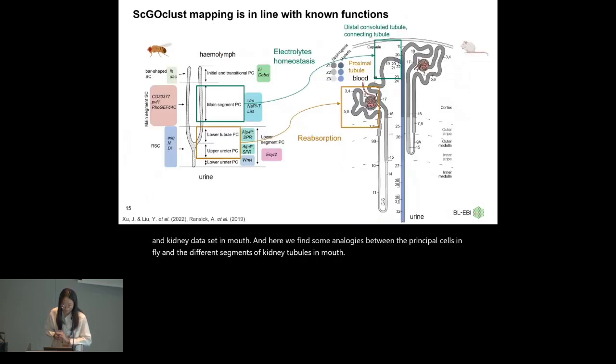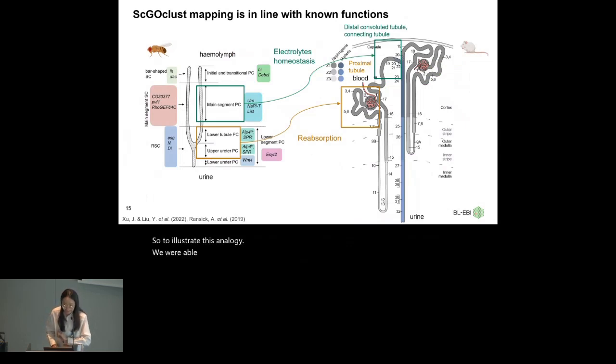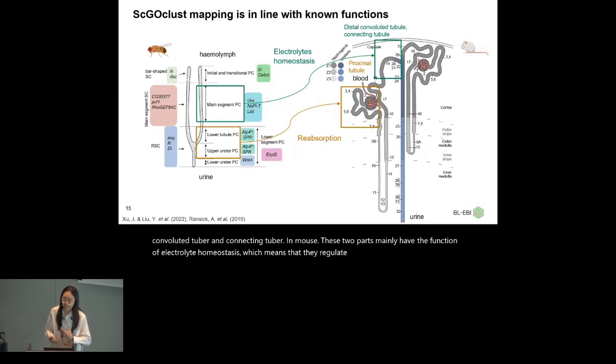So to illustrate this analogy, we were able to find that in fly, the principal cells at the main segment are corresponding functionally to the distal convoluted tubule and connecting tubule in mouse. These two parts mainly have the function of electrolyte homeostasis, which means that they regulate the mobility of ions and water in the kidney of both of these species.